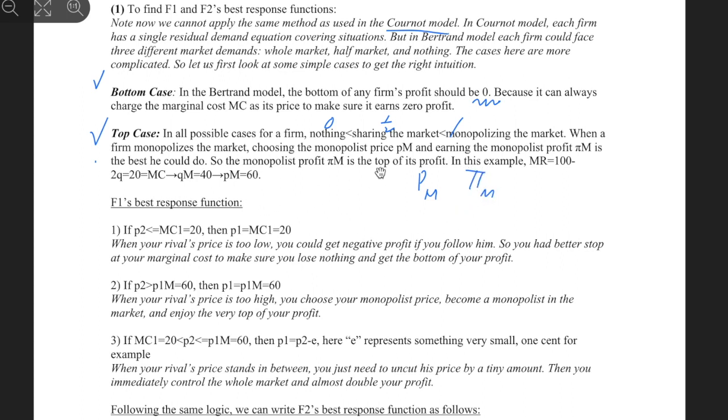So the monopoly profit pi m is the top of its profit, and in this example, MR equals 100 minus 2Q.